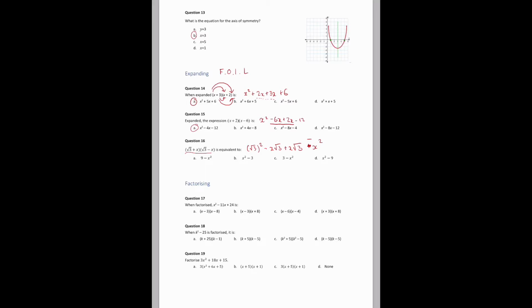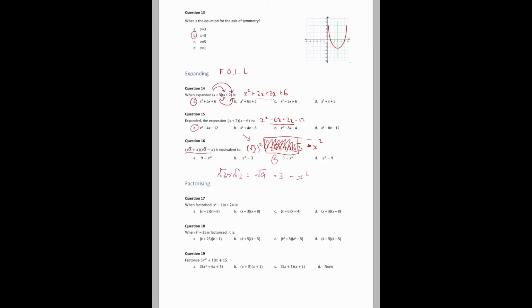What you're going to do is this essentially cancels each other out, so you don't have to worry about that at all. When you square root 3 by itself, it's just going to be this number, because square root 3 times square root 3 equals square root 9, and square root 9 is essentially 3. So if I simplify that, it's just going to be 3 minus x squared. Hence, C is going to be our answer.